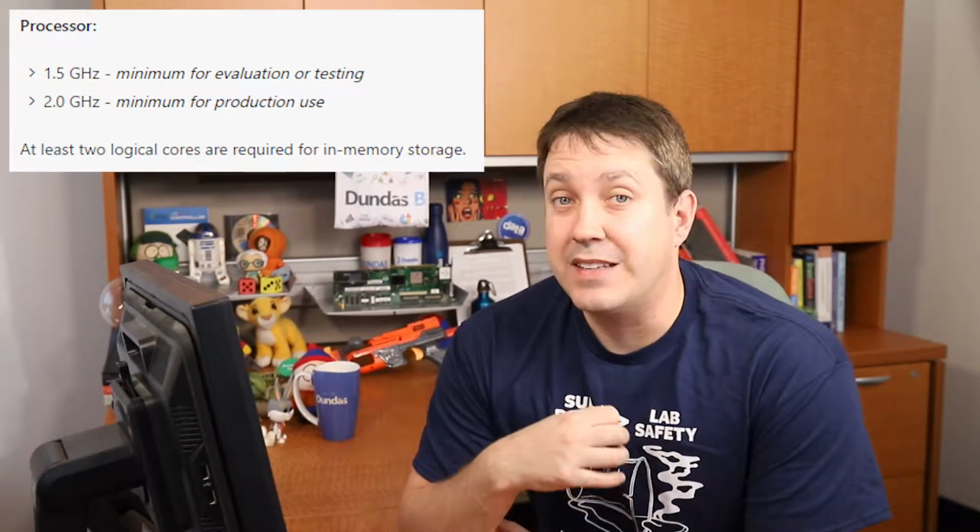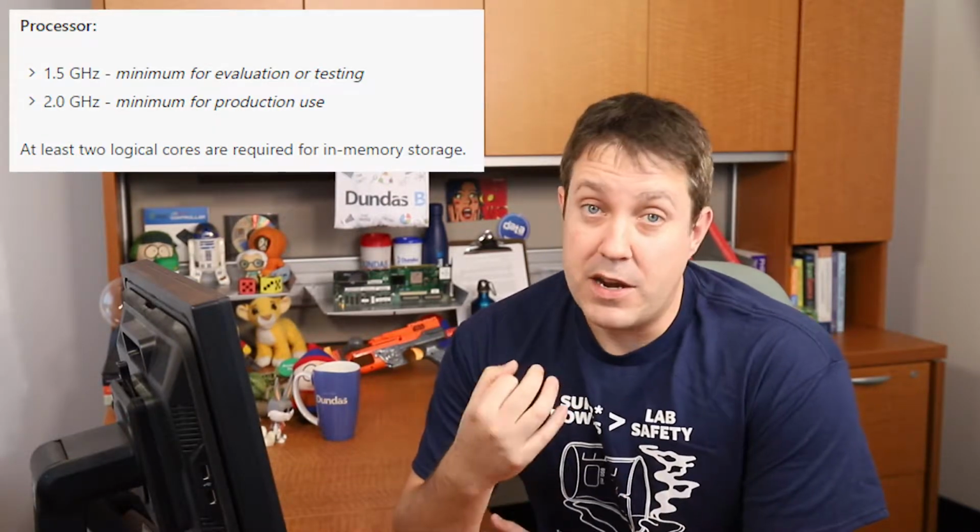We've got the CPU. And this is important. This is probably your most important aspect to consider, considering the better the CPU you can put in here, the more requests that your Dundas BI server can handle. More CPU cores is definitely going to be a good thing because it'll allow you, again, to have more users, and it'll also help if you have any heavy processes that are running.